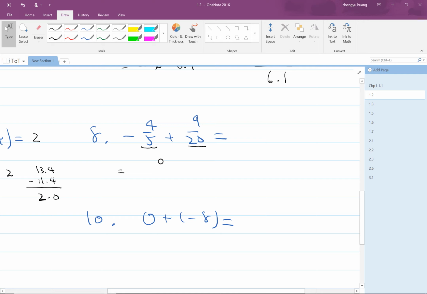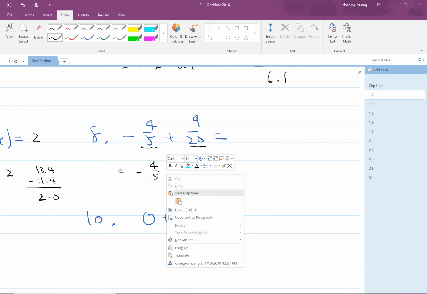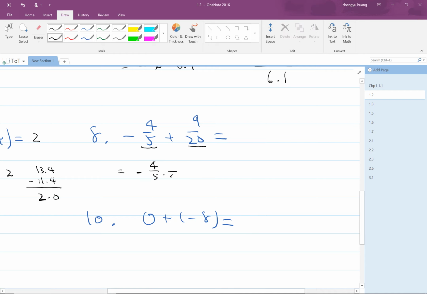We can do it: 5 multiplied by 4 is 20, so you multiply the top and bottom by 4, which is the same as multiplying by 1. So right now it's equivalent.